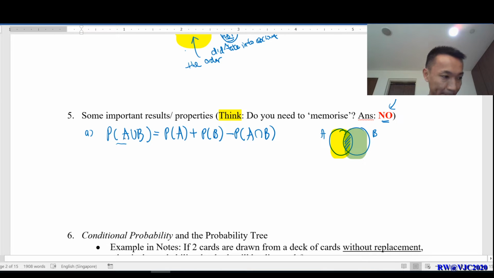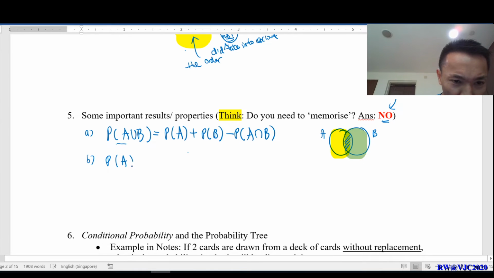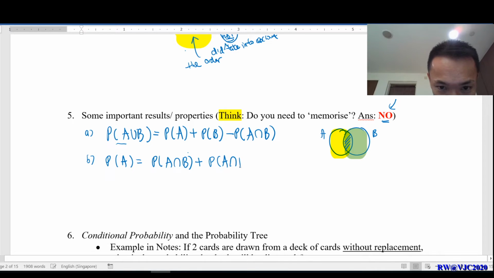Got it? Next, B. There's some results. These are not called formula. What is probability A? Probability A is probability A intersect B plus probability A intersect B complement. Sometimes you will use it. Does it make sense?